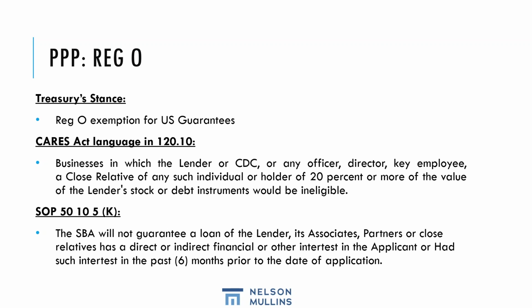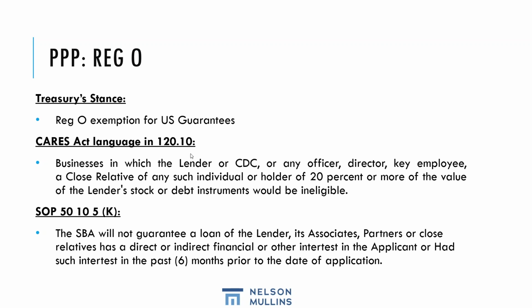But then if you look at the SBA's SOPs, it states this: the SBA will not guarantee a loan if the lender, its associates, partners, or close relatives have a direct or indirect financial or other interest in the applicant, or had such interest in the past 6 months. Because of that conflict, we're recommending that you just run the loans against your Reg O insiders list and exclude any loans to insiders defined in your Reg O policy.